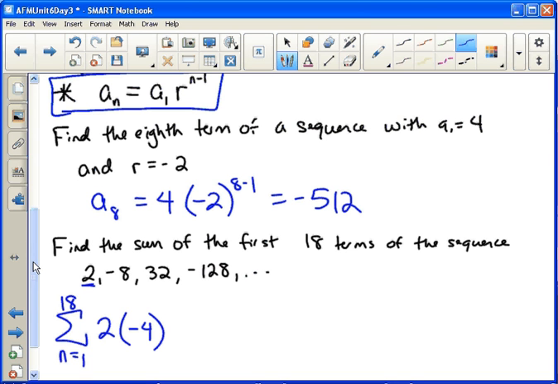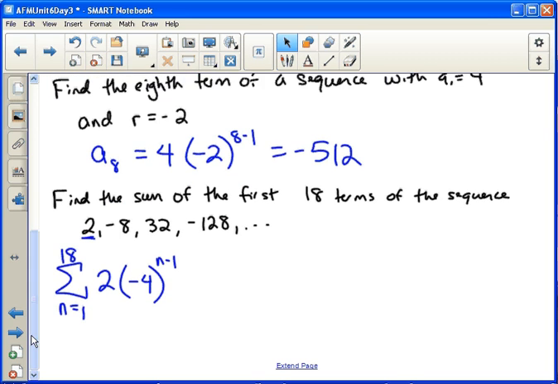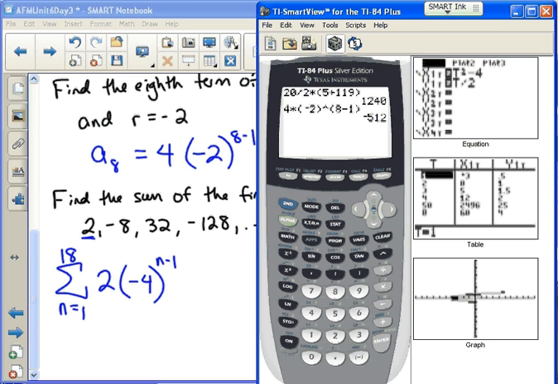So I plug in my common ratio for R, what I'm multiplying by every time, and then I just put N minus 1 up here because I want it to count each one of those different terms. So then you can use your calculator. And recall in some of your calculators you have a summation.